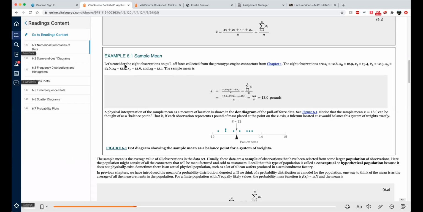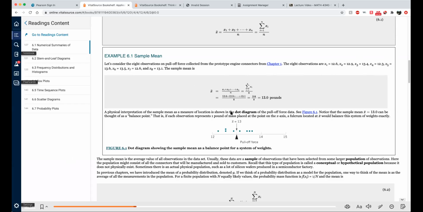Let's consider the 8 observations on pull-off force collected from the prototype engine connectors. That example was introduced in chapter 1. The 8 observations x1 through x8 are given. These are sample data, and the set of these observations is called the sample.